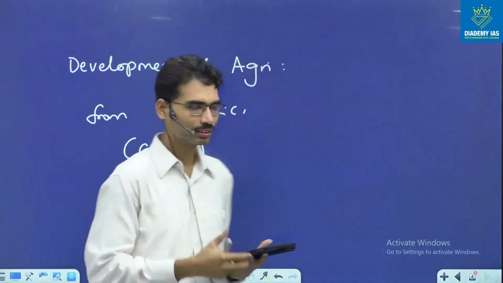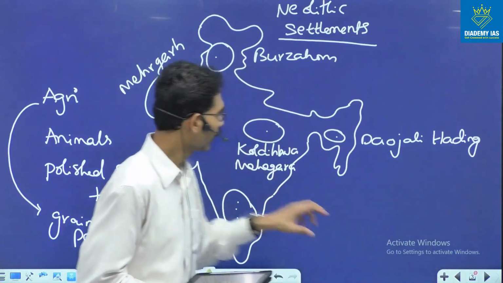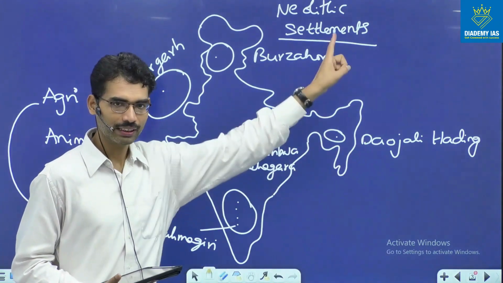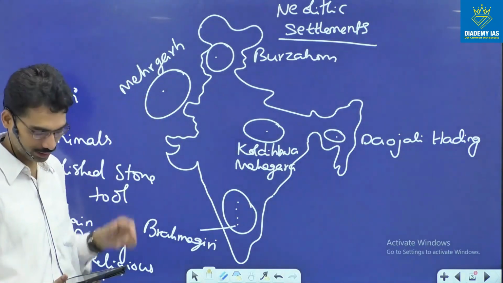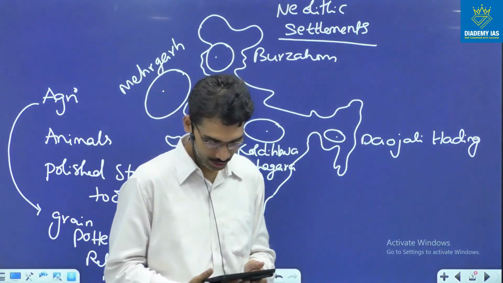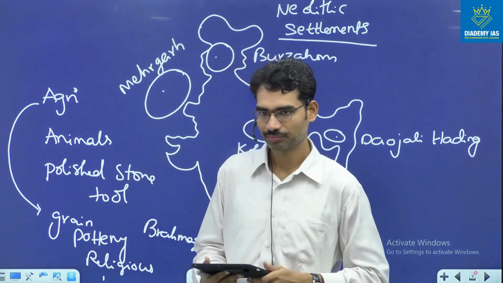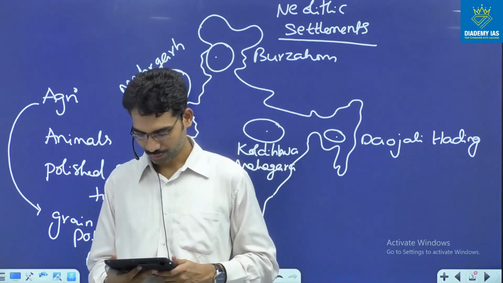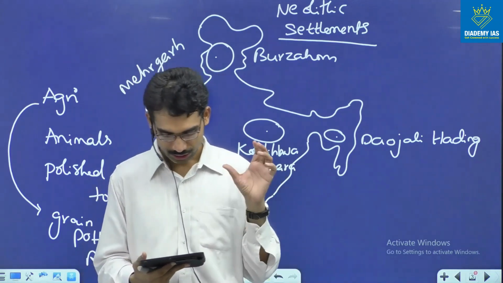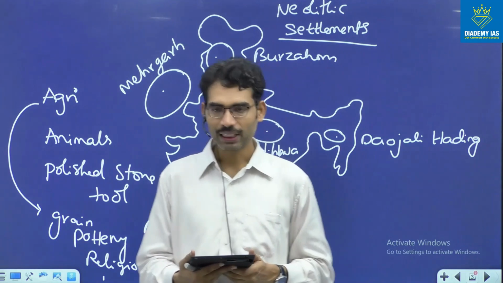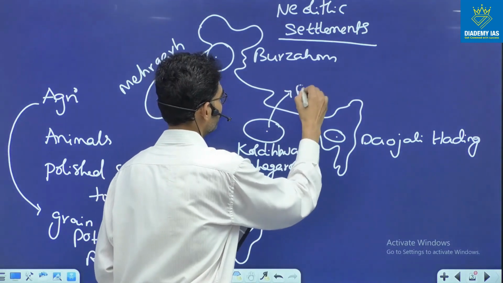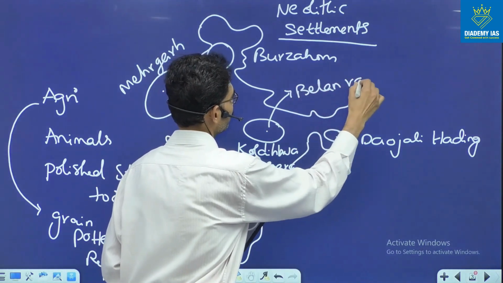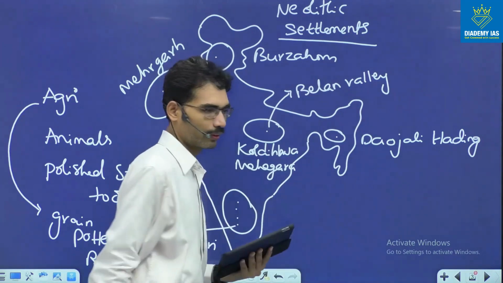Now you brought evidence also. You are explaining the characteristic with a sentence, and when it comes to archaeological evidence, you bring the archaeological evidence: at Mehergarh, and rice at Belan Valley.